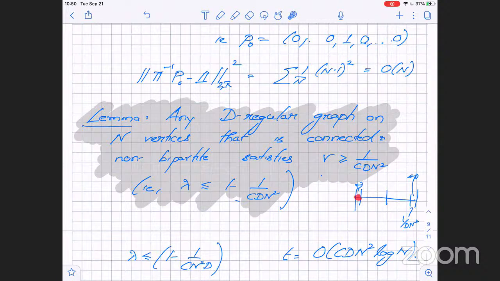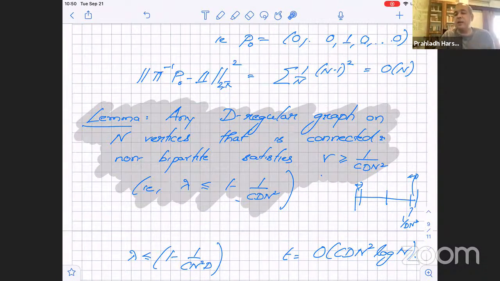Non-bipartite, this gap will not be 0. And I'm claiming that if both these gaps are not 0, they are not only not 0, they are actually some small inverse polynomial factor. That's all I'm claiming. The moment it's non-zero, it is at least a noticeable gap. That's all this lemma is stating.